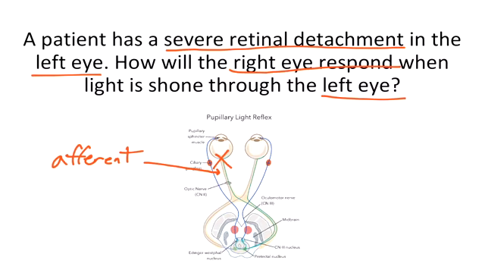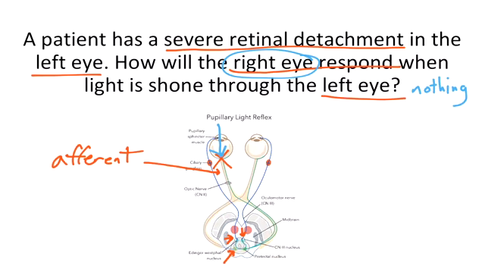So if the optic nerve is not sending the signal to the pretectal nucleus on the left side, then there will be no stimulation of the Edinger-Westphal nucleus on either side. So going back to our question, what will happen to the right eye when light is shone through the left eye? The answer is nothing, because neither pupil received the stimulus to constrict.